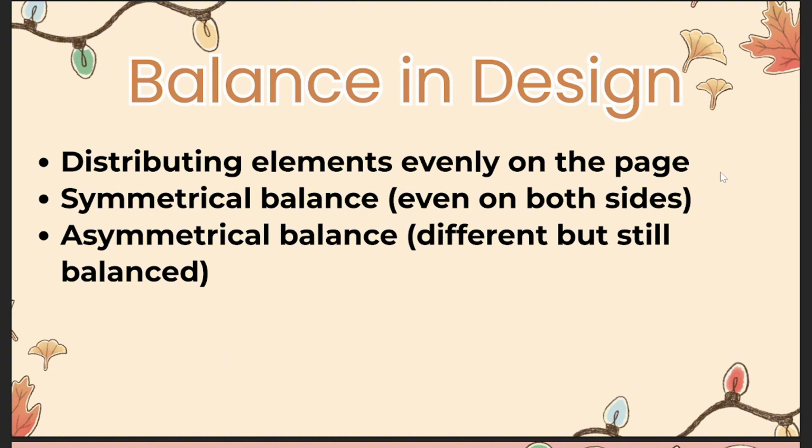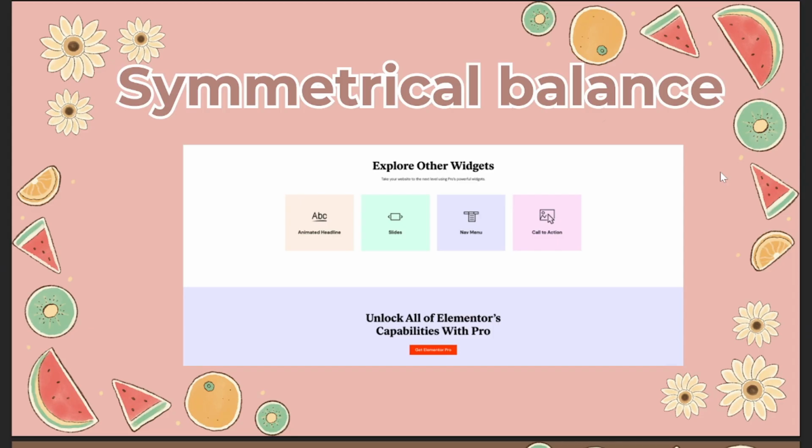There are two types. You have the symmetrical balance and you have the asymmetrical balance. The symmetrical balance is where you design your elements to be even on both sides. You want everything to be like half. You have this here and you have another thing here. And then there's an asymmetrical balance where the sizes are different, but they are still balanced. Let me show you what I mean. This is an image where it is evenly, this is the symmetrical balance.